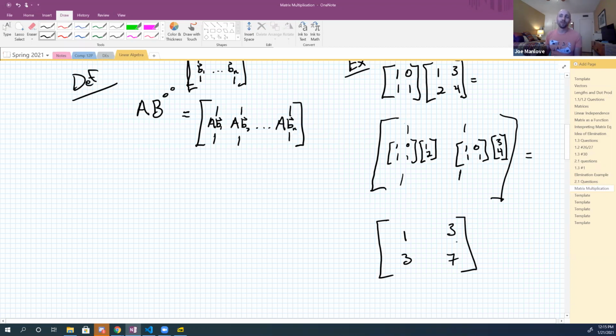Okay, now one thing I might notice looking at this thing, the top row stayed the same, and the bottom row got the top row added to the bottom row. You guys see that? This bottom row is just the top row plus the bottom row.